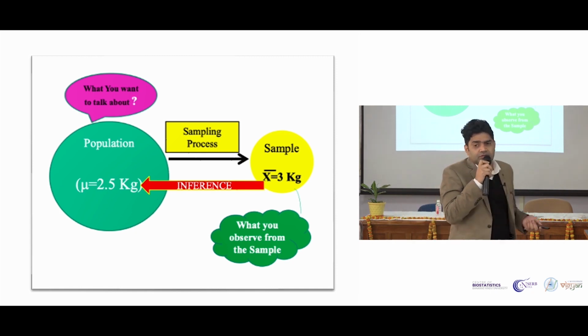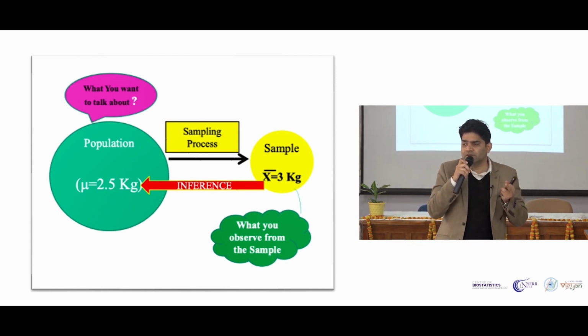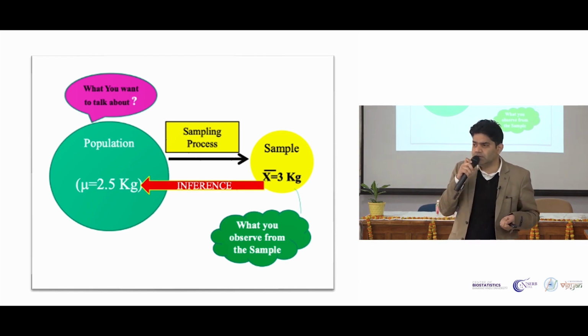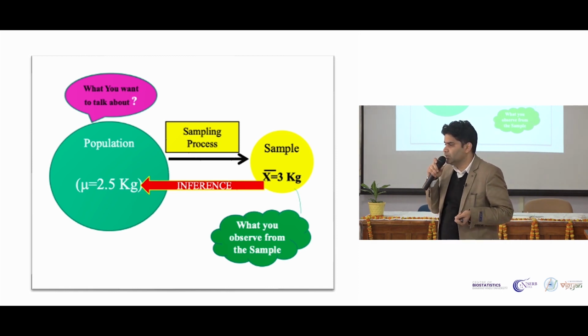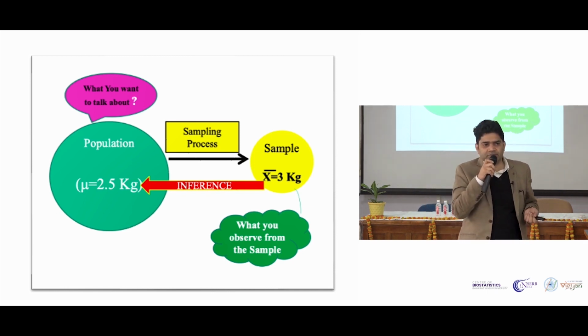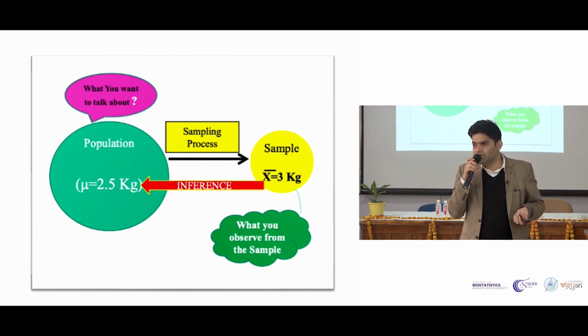I wanted to ask whether we would be making the null hypothesis statement based on a parameter or a statistic. We would be writing H naught mu is equal to 3, or we would be writing H naught x bar is equal to something. Mu is equal to something.